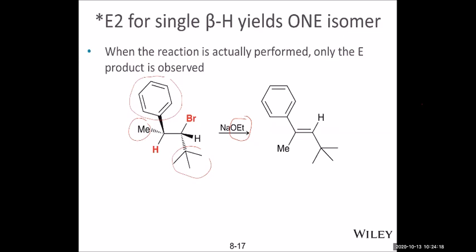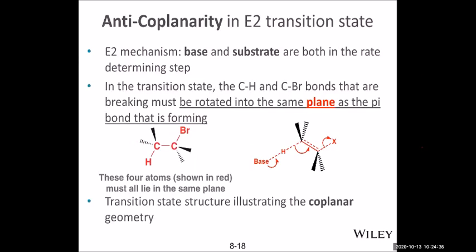That means the beta elimination happens when the base takes the proton and the leaving group leaves, and a double bond forms, all at the same time. So what makes this happen?